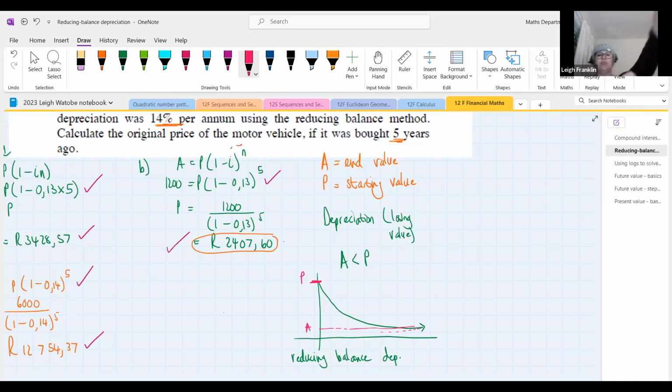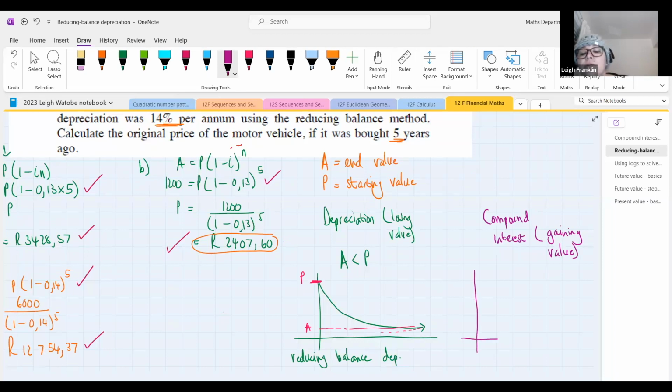With compound interest, it's the other way around. Something is gaining value or increasing in value. As far as your graph is concerned, it's going up, or maybe that's not the best way to draw it when it is an exponential function.